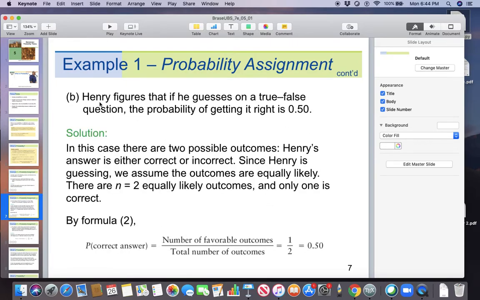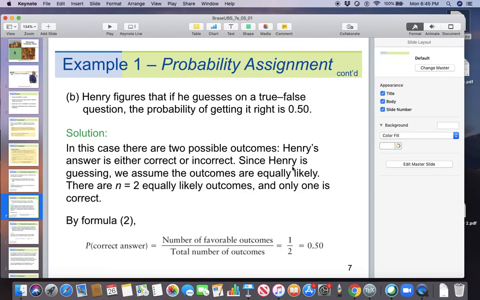Here is another example. Henry figures that if he guesses on a true-false question, the probability of getting it right is 0.50. Now, what is this? In this case, there are two possible outcomes. Henry's answer is either correct or incorrect. Since Henry is guessing, we assume the outcomes are equally likely.